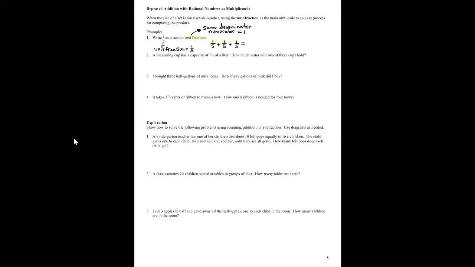But another way of writing that, because again, multiplication is the shortcut for repeated addition, would be to say 3 times 1/5. Either way, you're going to get a result of 3/5. So it's a matter of breaking it down. You look at it in lowest terms.